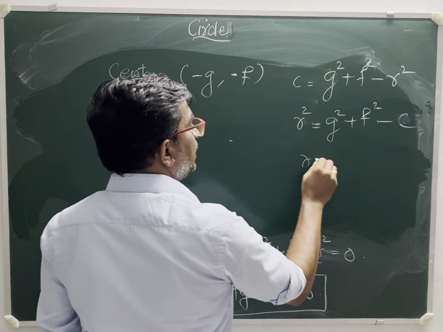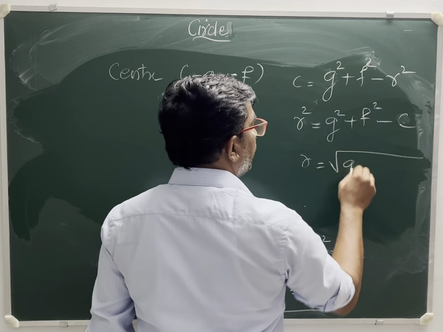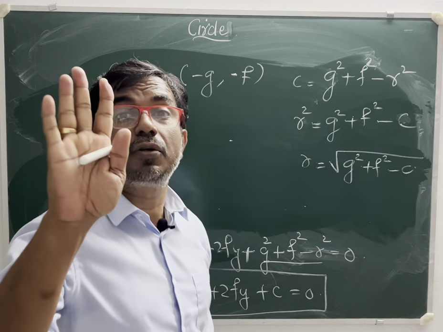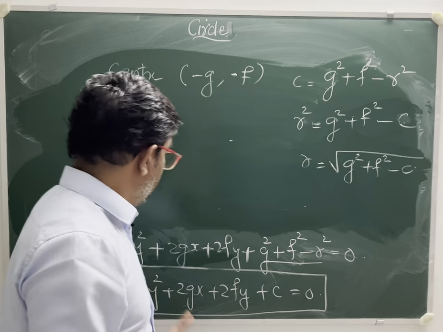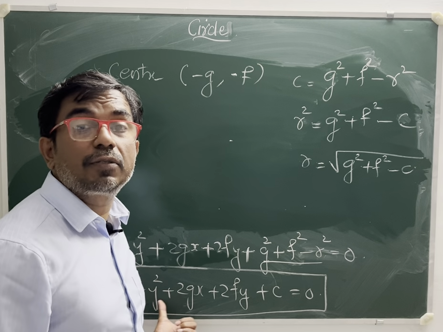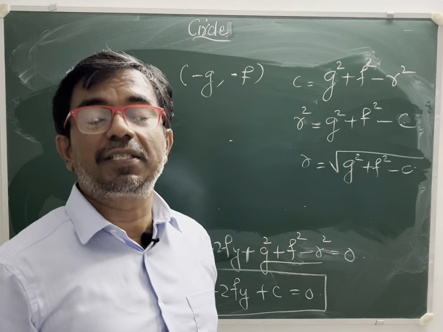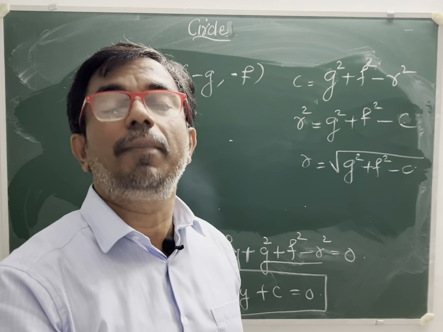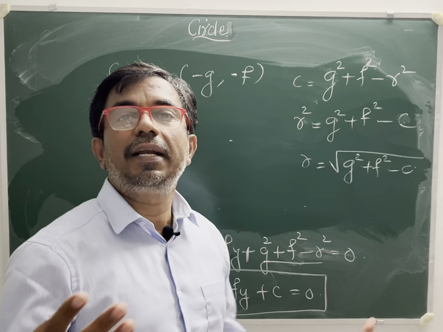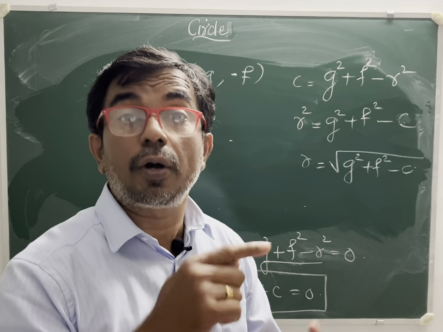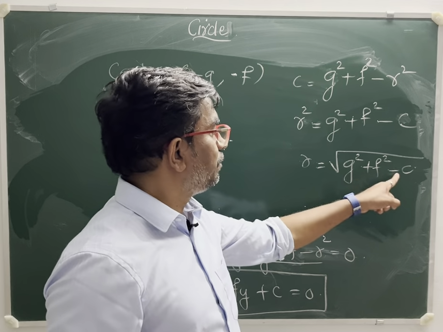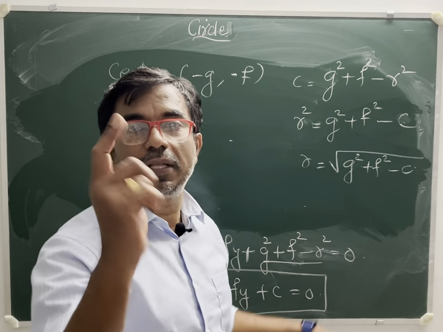So r will be the square root of g square plus f square minus c. Ultimately you should remember these three things. The equation of a circle is x square plus y square plus 2gx plus 2fy plus c equal to 0, where the center of the circle will be minus g comma minus f, and the radius will be the square root of g square plus f square minus c. That you should remember. I will show with an example.